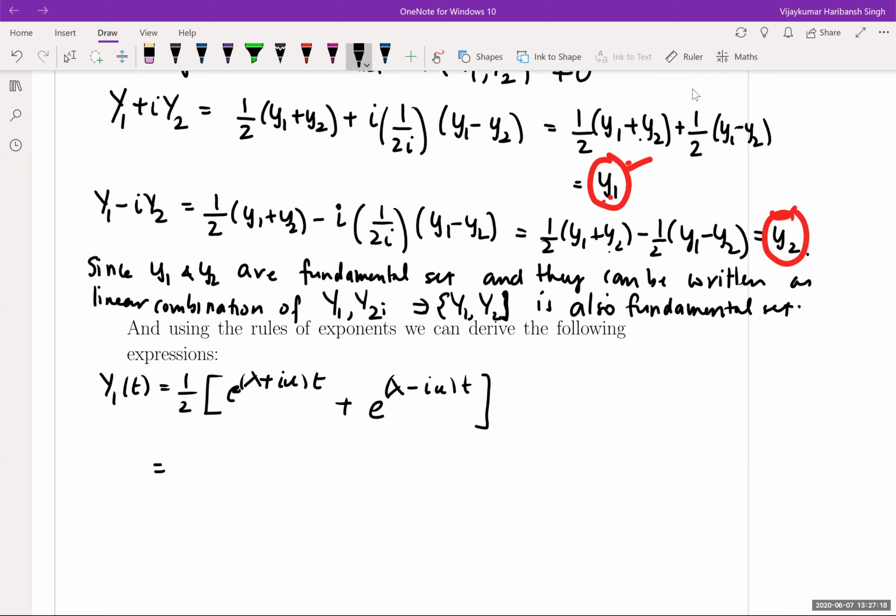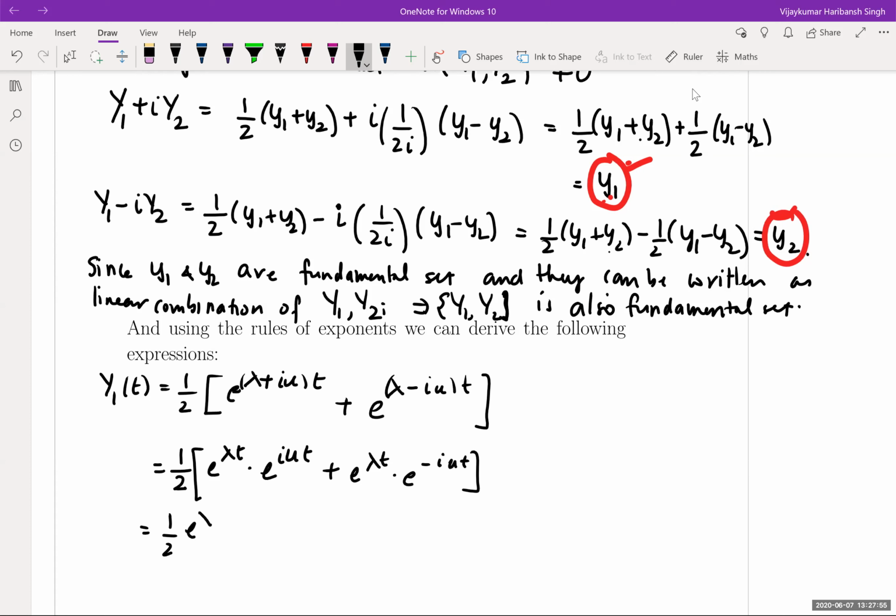Now this will become half e to the power lambda t e to the power i mu t plus e to the power lambda t times e to the power minus i mu t. Now, out of these, I can take e to the power lambda t common, because it is multiplied in both of them. So what do I get? I get half e to the power lambda t common.